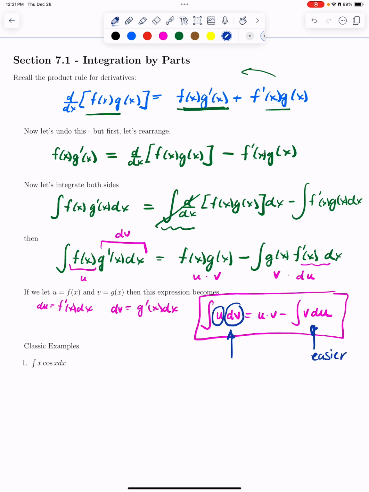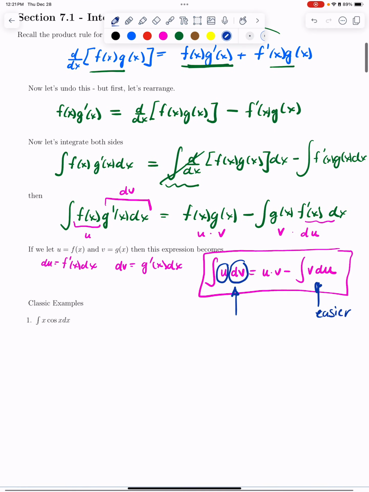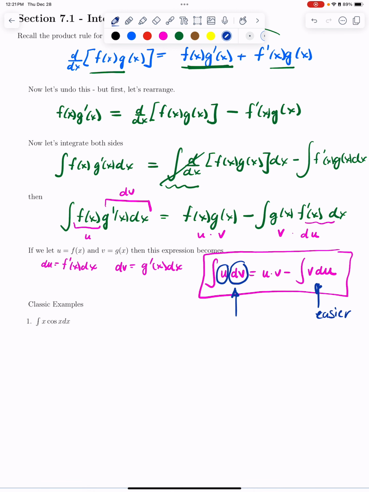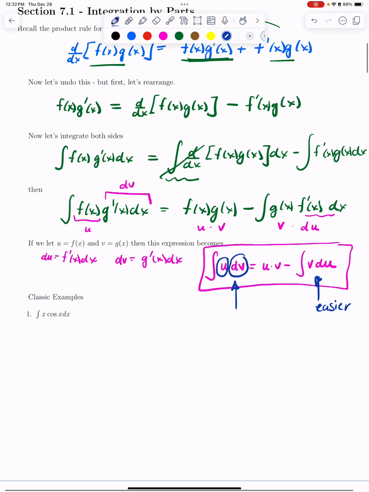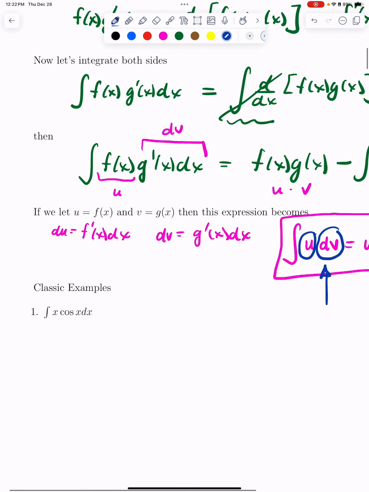And so now what you need to do is figure out what you are going to call u and what you are going to call v. Let's look at a classic example first, and then we will come up with a process for how we choose our u and our dv. All right, so I'm just going to go ahead and tell you that let's call x u here, which means everything else is going to be dv.